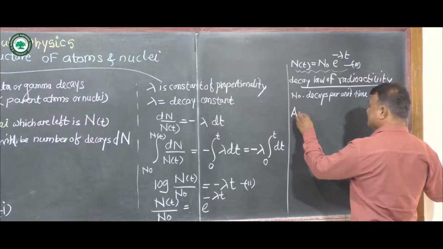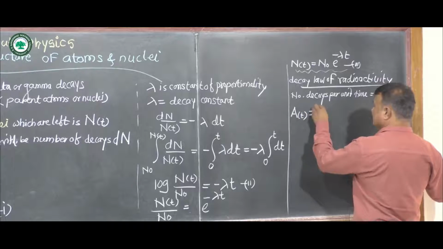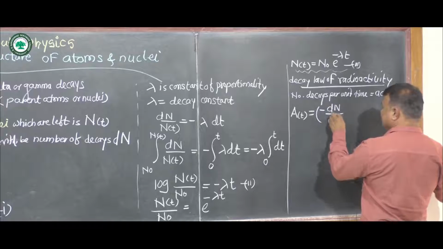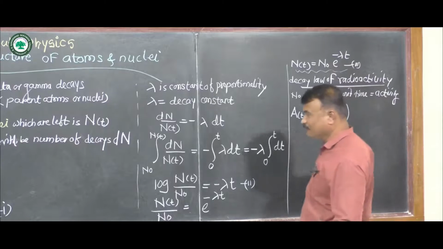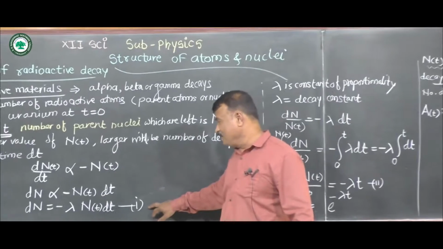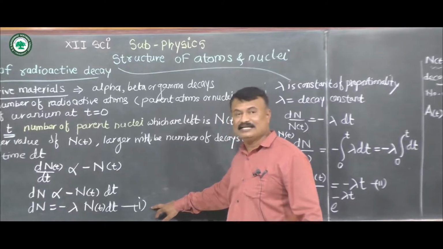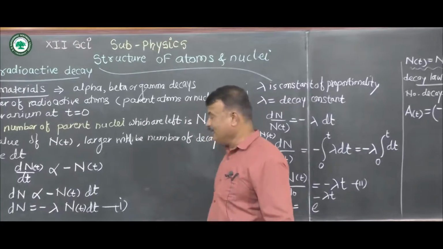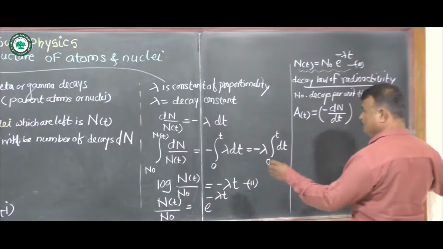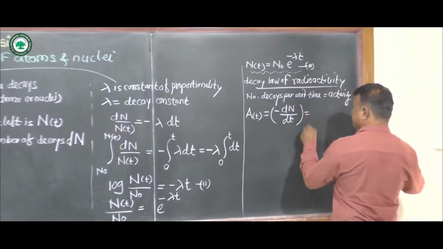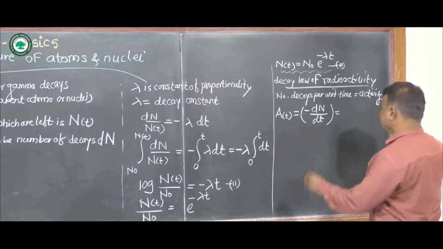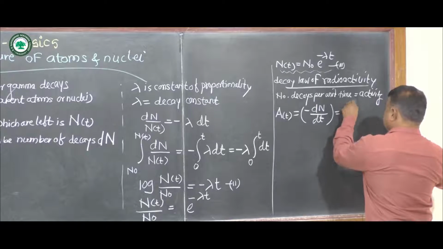Activity at time t is given by At, that is equal to minus dN upon dt. For that purpose again we consider equation 1. With the help of this equation we can find out minus dN upon dt. So we substitute this, and we get activity at time t.